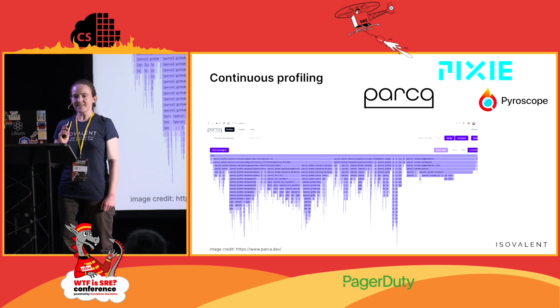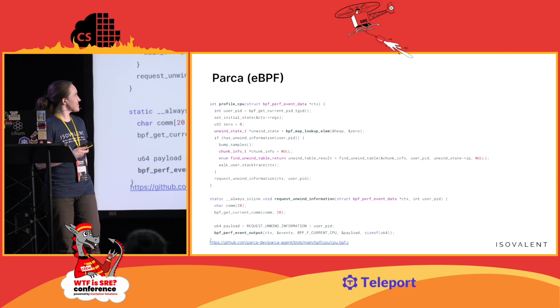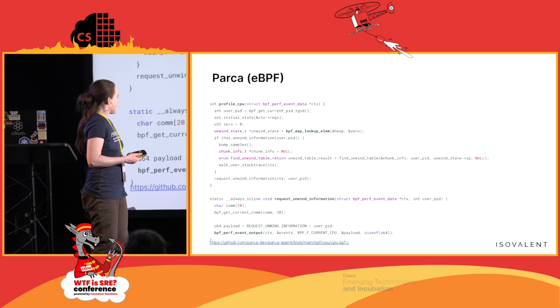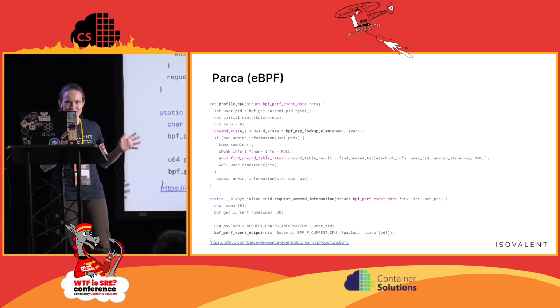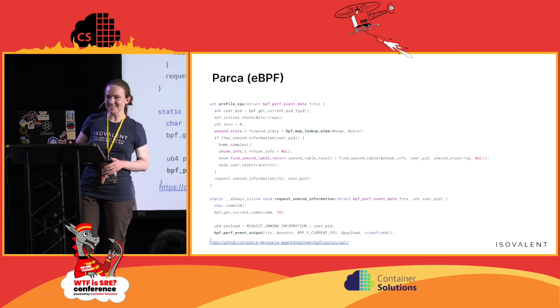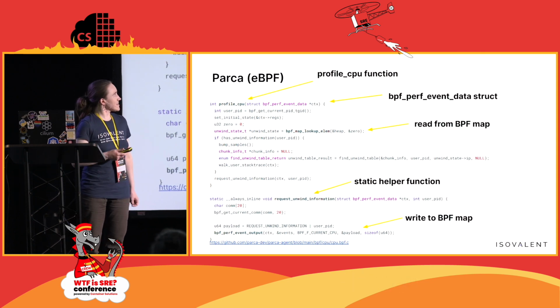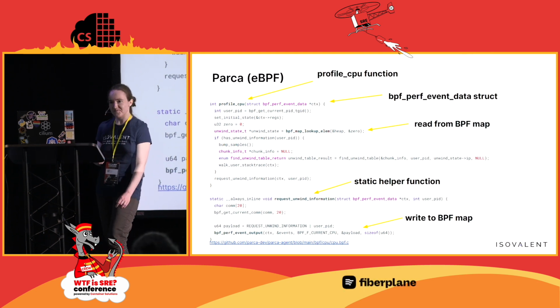And let's now take a look at some eBPF code. Again, this is Parca's eBPF code. It's very truncated for the purpose of showing it on slides, and it might not be very readable for you all here, so let's put some arrows on it. What Parca does is define this profile CPU function.